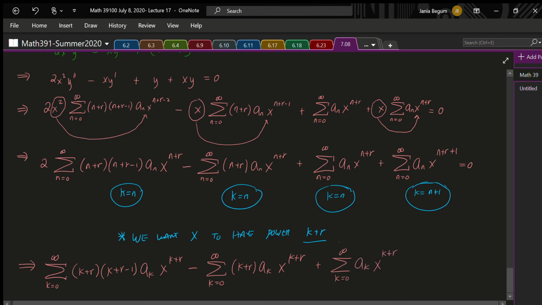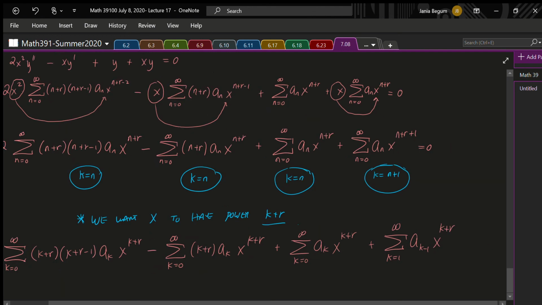And the last one would change, so plus the summation. If n is equal to 0, k is starting at 1. If n is equal to infinity, k will still be infinity. Then we have a_n, well, n will be k minus 1, so a_{k-1} x to the k plus r equals 0.